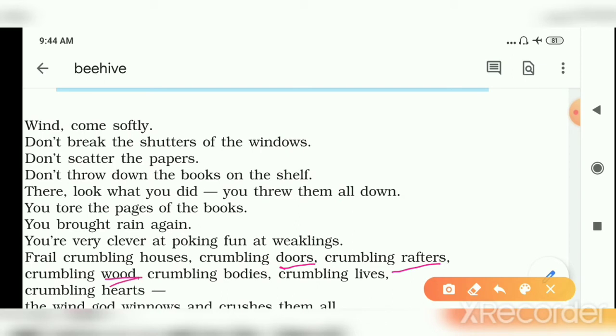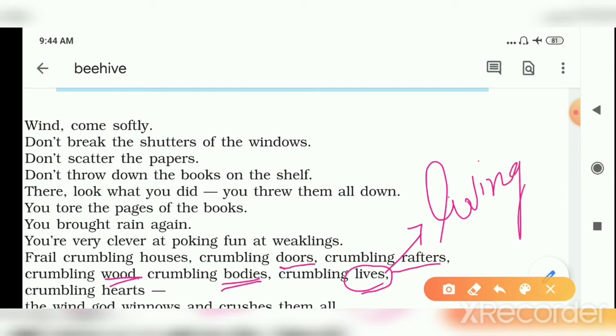You are crumbling bodies of human beings, of insects, of animals. You are crumbling lives of all the living, because you are so mighty that you have the ability to crumble lives of all the living beings.